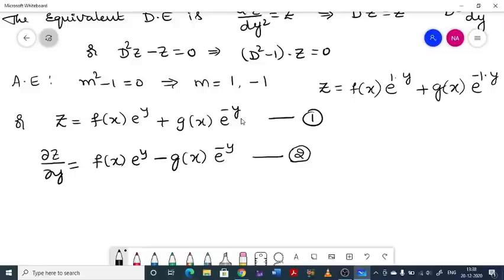Now use the given condition. Given z equal to e power x when y equal to 0.